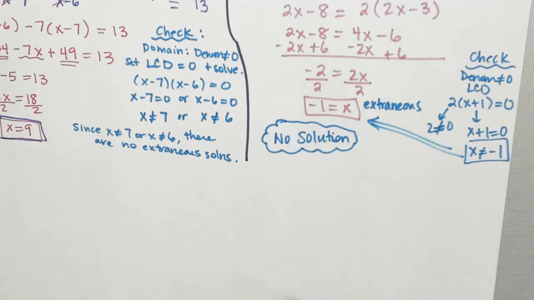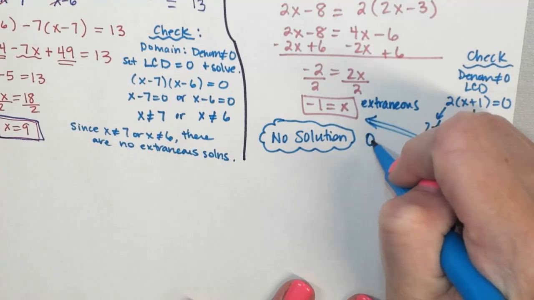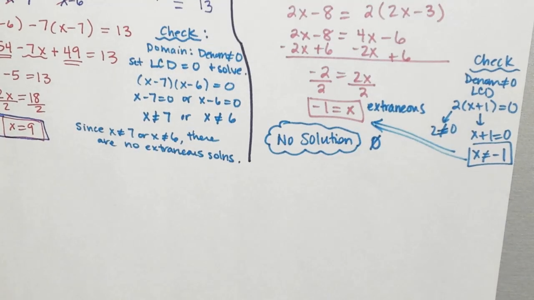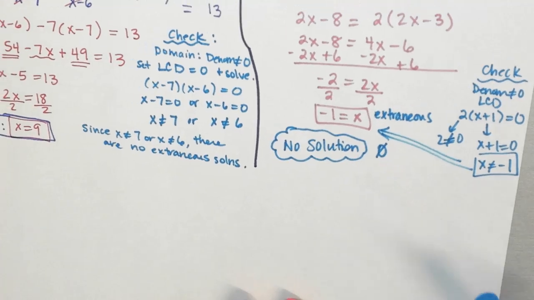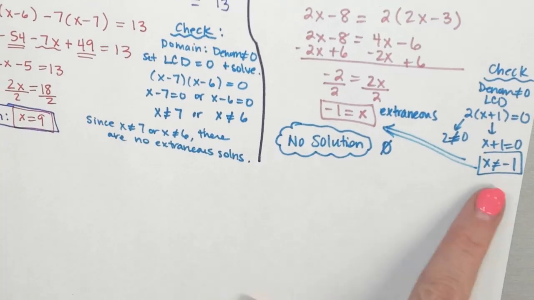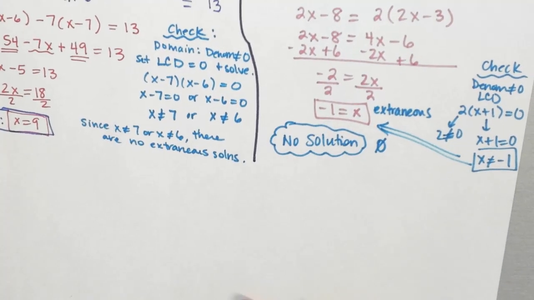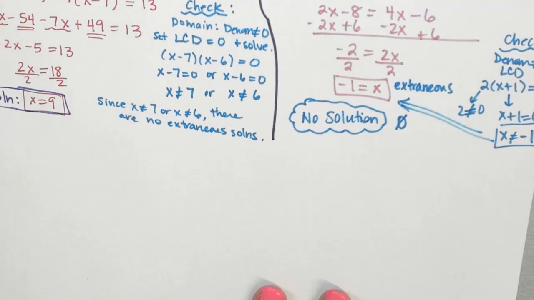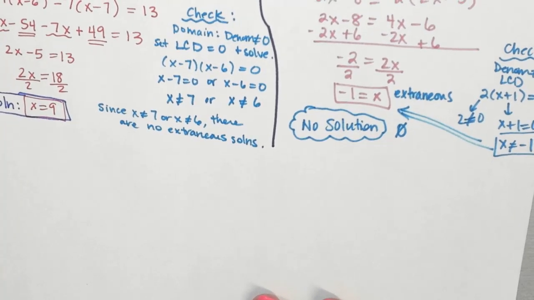Another way you may see the no solution written is like this. It means the null set. If you see that symbol, know that that's what it means, but you're welcome to just write no solution. So if x is equal to negative 1 and that's your restriction, it is an extraneous solution.